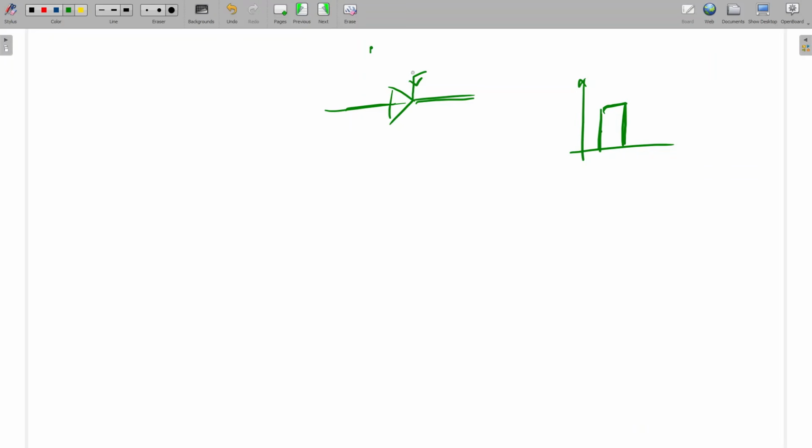If this pulse is there, this anode current will reach some value. If it is greater than some value, then it will be turned on. If you remove this pulse also, it will stay turned on. So we apply the pulse for some duration such that this current reaches a particular latching current value. Let's say the device has 5 ampere of latching current.